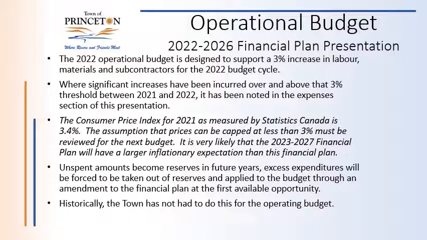If we've noticed significant increases that push that 3% for individual line items, or if we are in danger of going over that 3%, we've noted there's not a lot. There are a couple that we will review when we go over the expenses, but we really try and make sure that we maintain no more than that 3% increase.